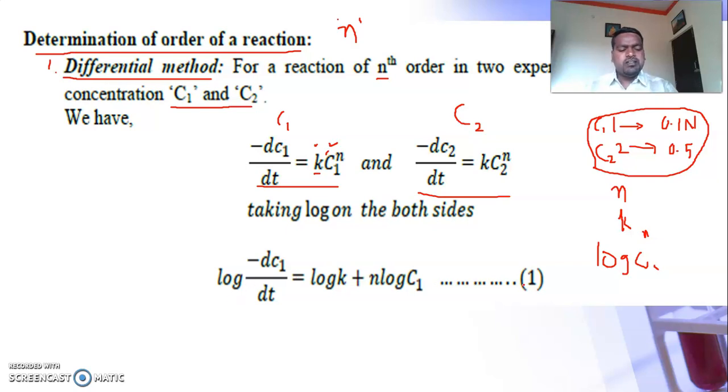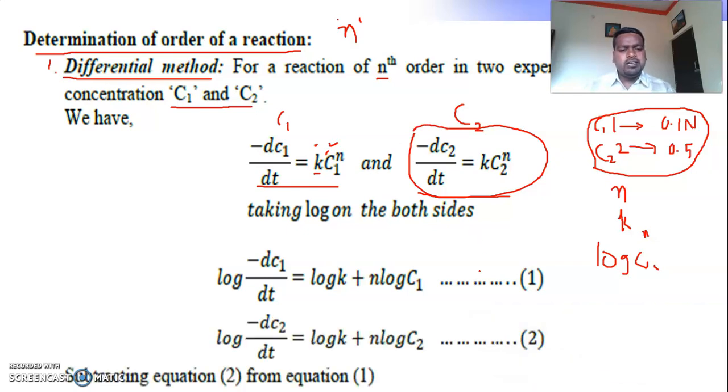This is equation number 1. Similarly, if you take log on both sides of the equation for concentration C2, we are going to get equation 2, that is log of minus dC2 divided by dt is equal to log K plus n log C2. So this is equation number 2.